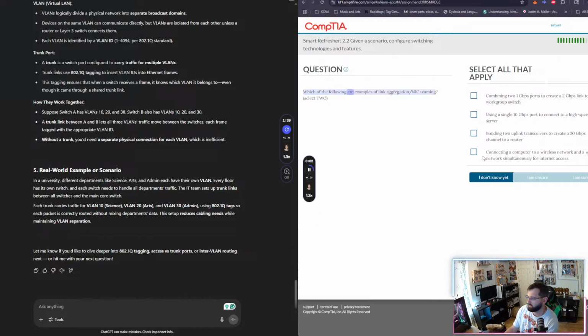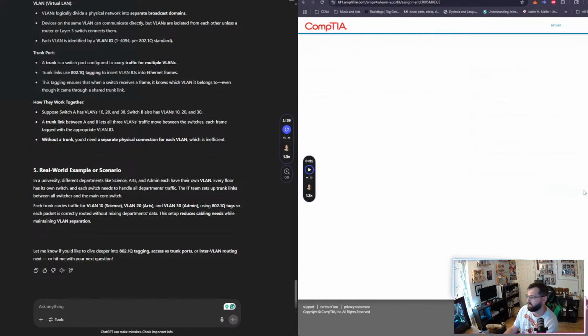Which of the following are examples of link aggregation, NIC teaming? Bonding two uplink transceivers to create a 20 gigabyte channel to a router. And then... Yes, okay.